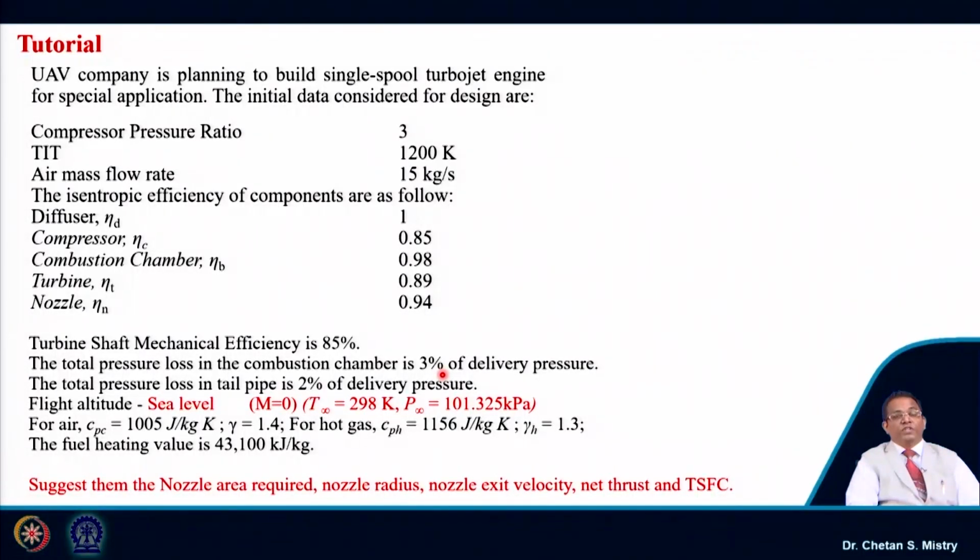The pressure loss in the combustion chamber is 3% of delivery pressure. The pressure drop in the tailpipe is 2% of delivery pressure.